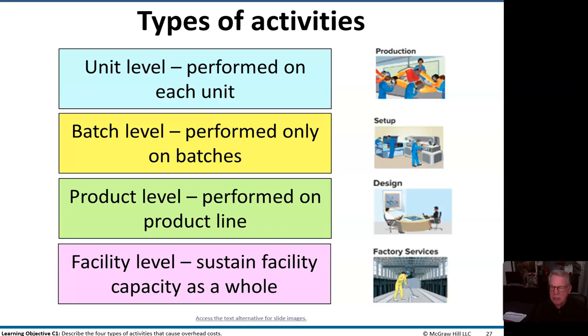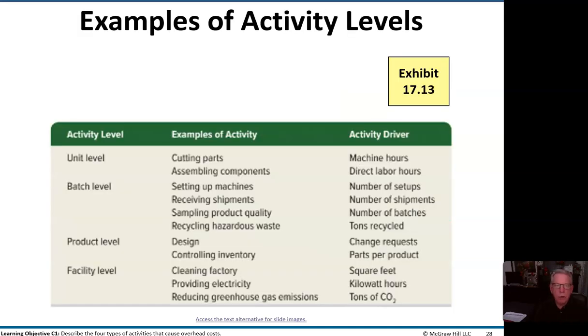So here, some examples of unit level. Here we're cutting parts or assembling components, and a logical activity driver would be machine hours or direct labor hours. On the batch level, setting up machines, we might use the number of setups.